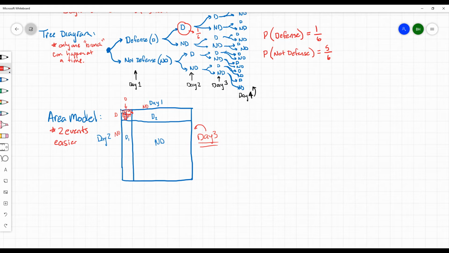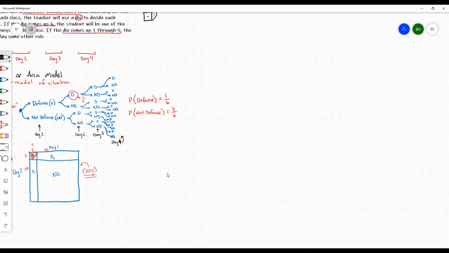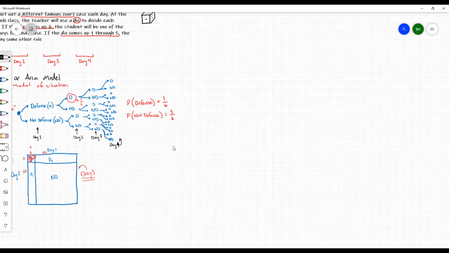So we're going to use the tree diagram to help us solve this problem. In this problem, we want to answer the primary question. I'm going to do them over here so that we can see our tree diagram a little bit. The big question they want us to ask is in number 2, which is: what is the probability that Mari will be the defense for every day?